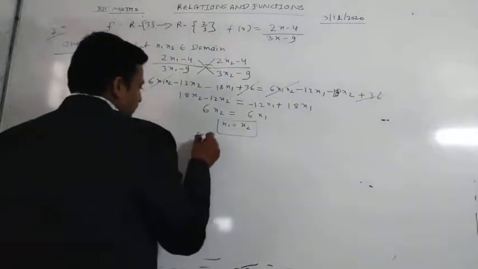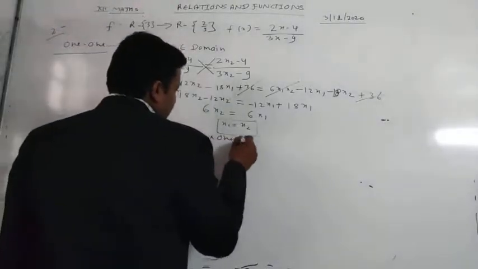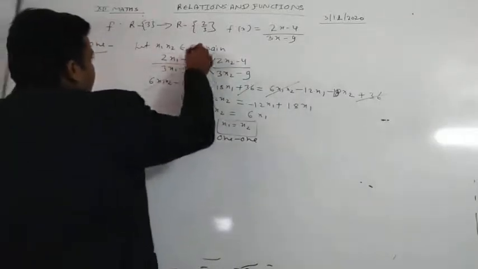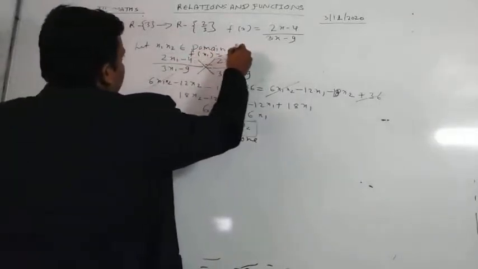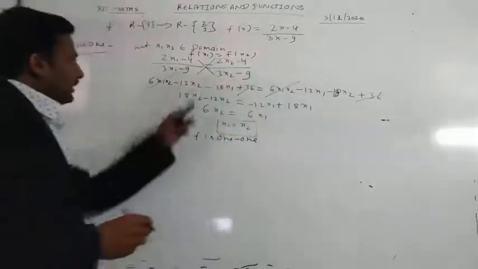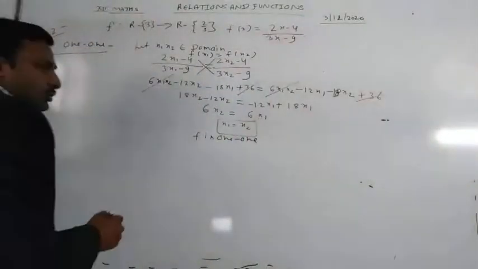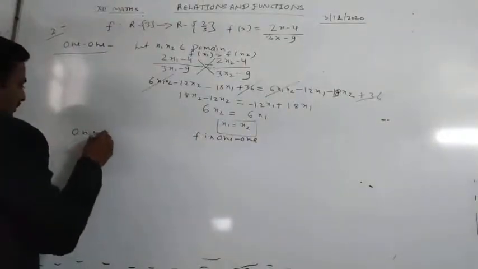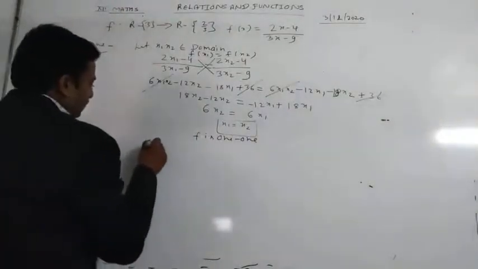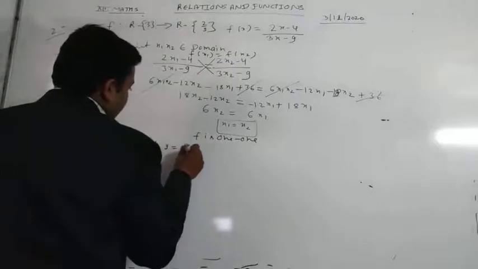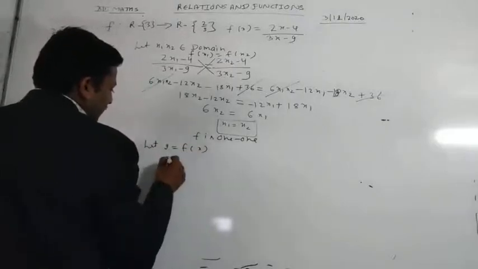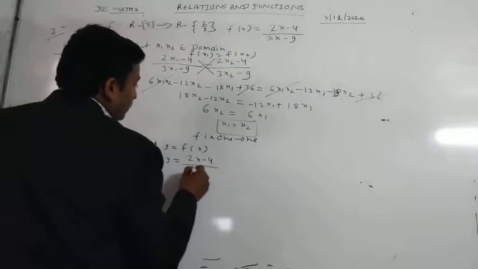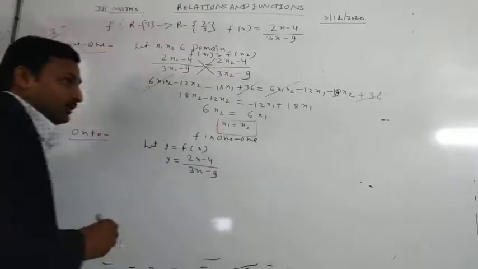Our function is one-one because we have taken f(x1) equal to f(x2), and after that we have shown that x1 is equal to x2. Now for onto, we let y is equal to f(x). So f(x) is (2x minus 4) upon (3x minus 9).